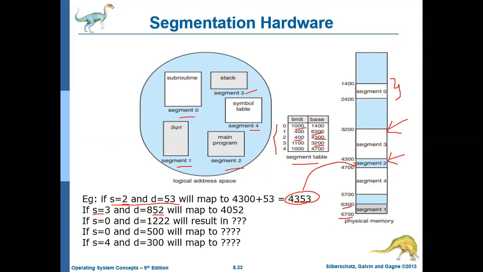For S equal to 3, what is the limit value? 1100. So 852 is less than 1100, so it is a valid address. Just add 3200 plus 852, which is 4052. So this is the actual physical address, which will access the location 4052.